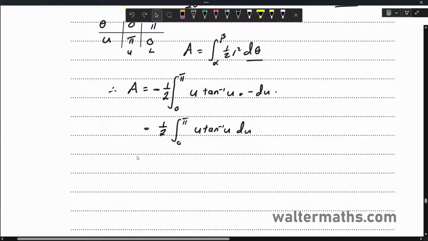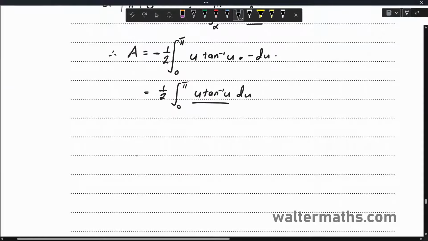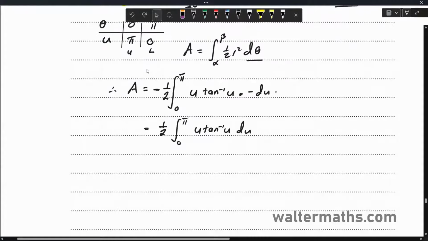Okay, I hope you're tracking. Yes. All right, good. Now, with this, what we have here is actually a product, and we're going to use integration by parts. So, I will say let big U be equal to arctan u, and dv by dx be equal to u. We're just doing this so that we can integrate. Playing around with the variables can be a bit confusing.